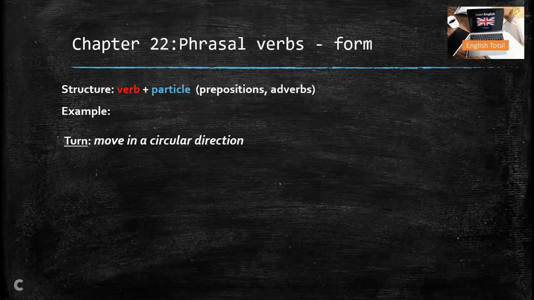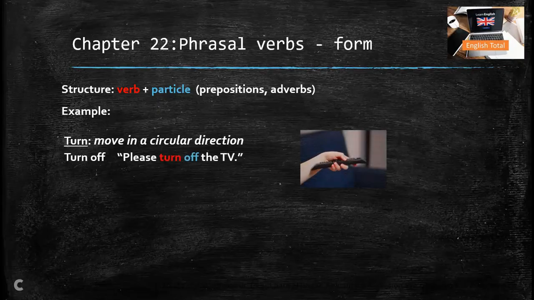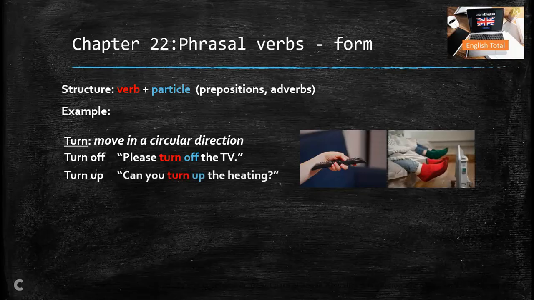You can use turn plus the preposition off, which means to stop the operation of, as follows. Please turn off the TV. You can also use turn plus the preposition up, which means to increase the level of something, as follows. Can you turn up the heating?